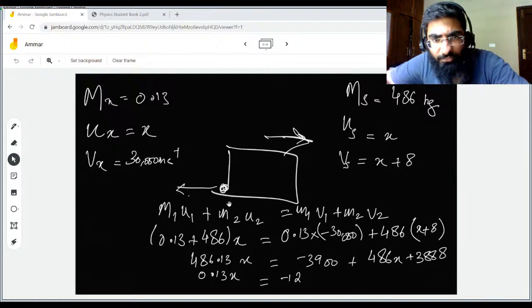Minus 3900 is equal to 3900 is equal to momentum.